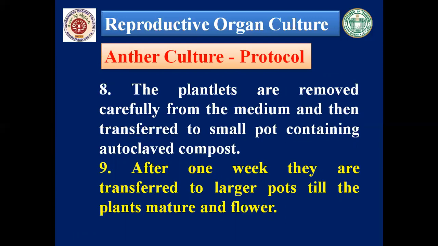Whatever the technique, it may be root culture, leaf culture, shoot tip or meristem culture, anther culture, pollen culture, ovary or ovule culture, ultimately after getting your regenerated haploid plantlets, we have to transfer them to a small pot containing autoclaved compost and place them in greenhouse conditions, where they get habituated or accustomed to natural environmental conditions.